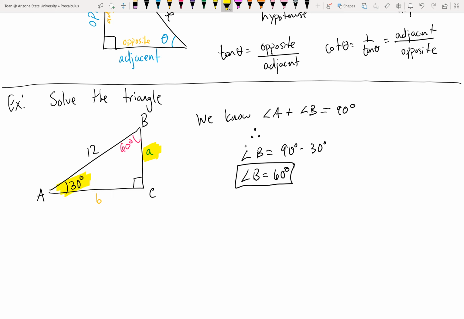We were given 30 degrees, and we were given this 12. Now I ask myself, relative to the angle, in this case 30 degrees because I highlighted it, what side lengths, opposite, adjacent, hypotenuse, am I given? Well, I hope it's not hard to see that relative to this angle, side A is opposite, and side 12 is the hypotenuse.